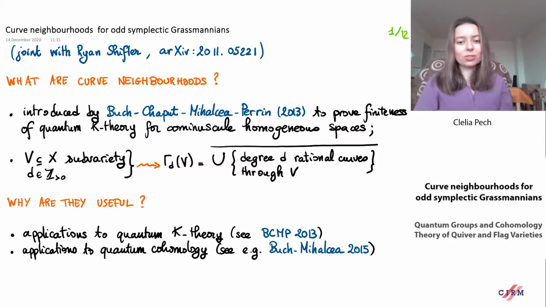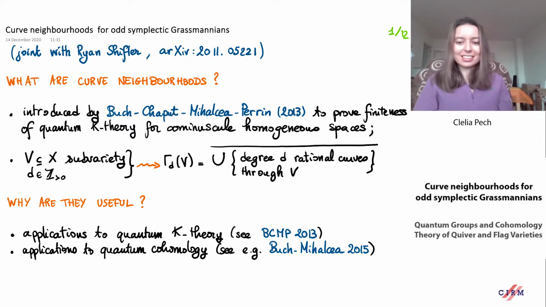You can also say things about the quantum cohomology. In particular, we haven't done this here, but it could potentially be done, to look at minimal degrees in quantum cohomology. That's something where curve neighborhoods can be useful.